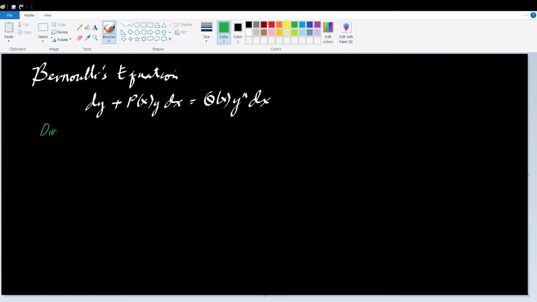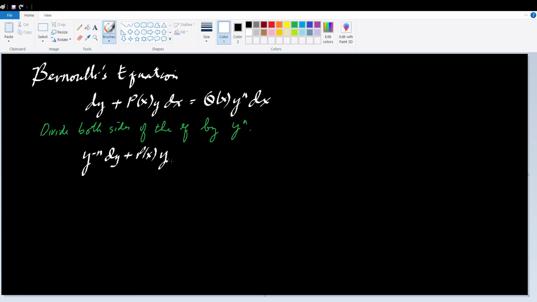What we will get is y to the negative n dy plus p(x) times y over y to the n, which will be y raised to 1 minus n, dx equal to q(x) dx.